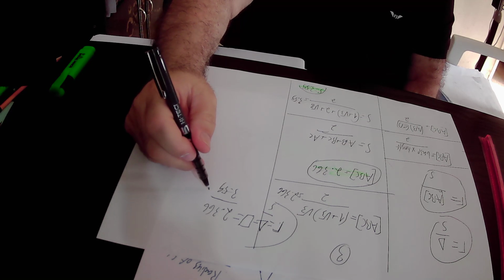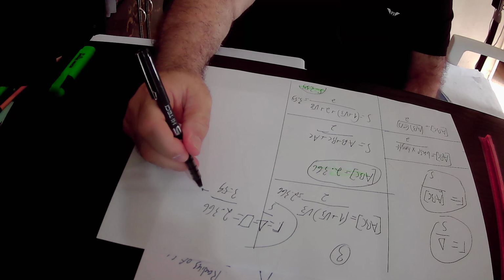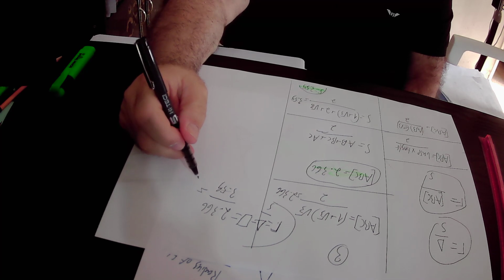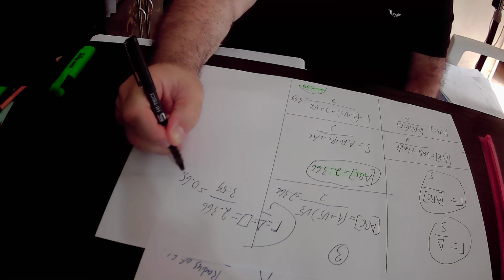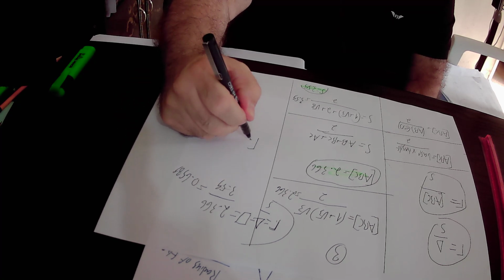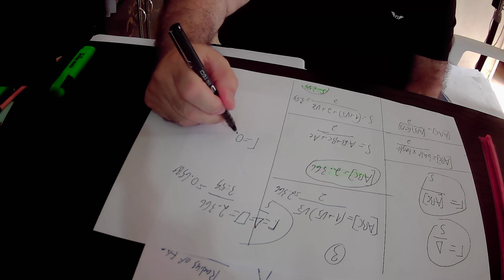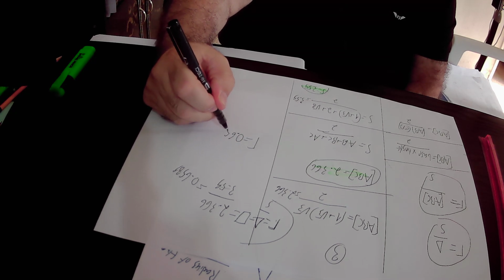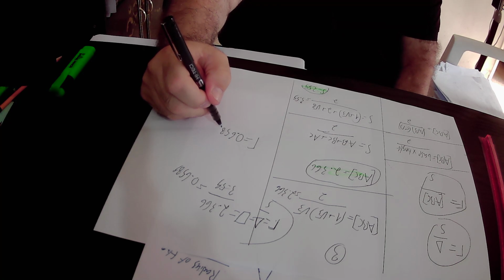So the radius, 2.366 over 3.59, is equal to 0.6589 units. So the radius of our circle that is inscribed by triangle ABC equals 0.6589 units.